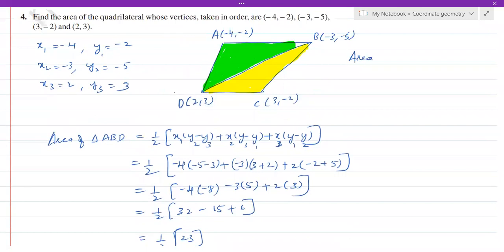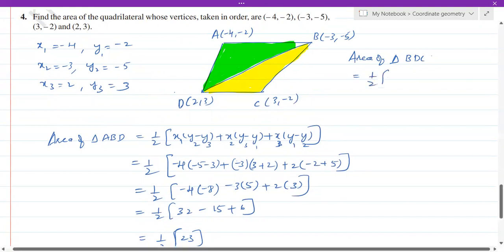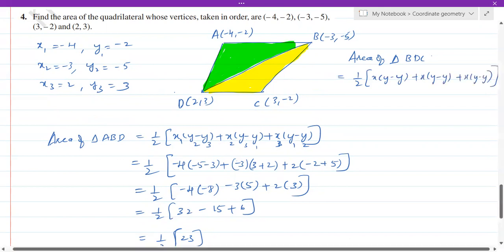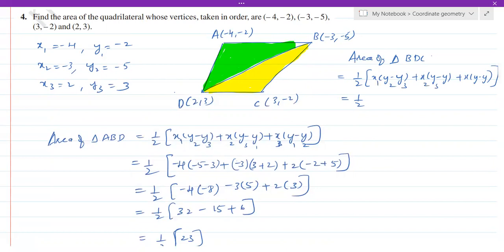That is area of triangle BDC. Okay, the formula will be half into x1 (y2 minus y3) plus x2 (y3 minus y1) plus x3 (y1 minus y2). So half and the suffix 1 2 3, 2 3 1, 3 1 2.